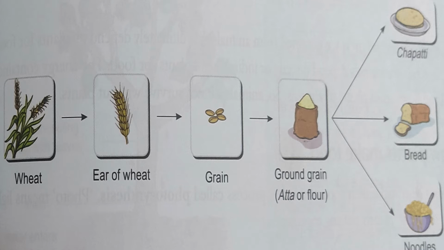It contains the wheat grains. From the ear of wheat, we get grains. And by grinding these grains, we get the flour. By using this flour, we prepare different food items like chapati, bread and noodles. Understood, children?